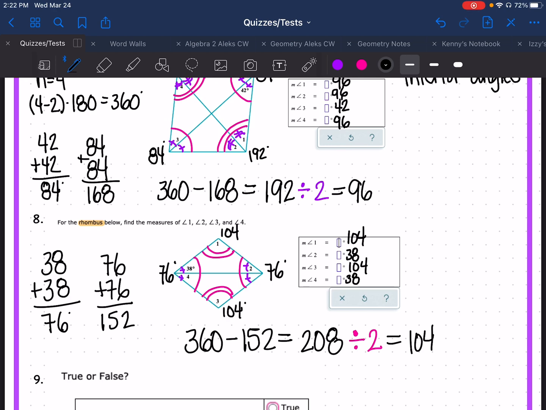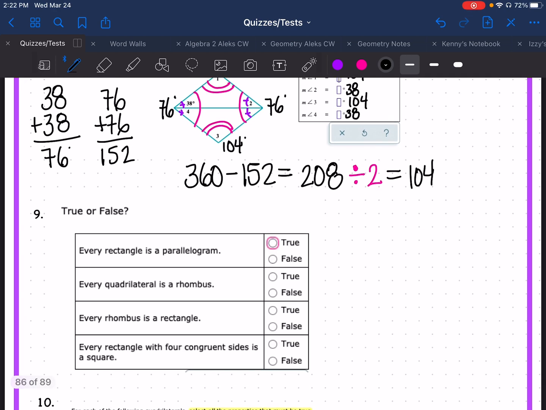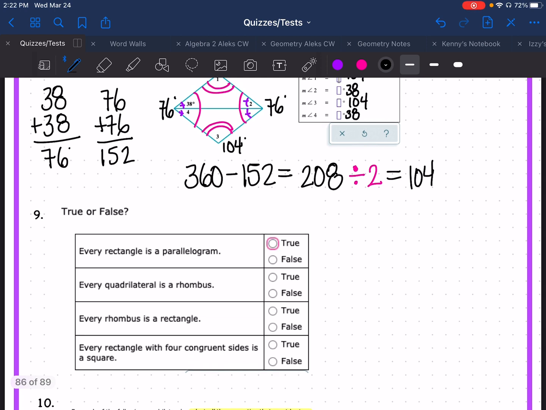All right, my last 2 questions are going to be answering questions about different properties of my quadrilaterals. So question number 9 is going to give you some true or false statements. Be careful when you read a generalized statement that says every blank is a blank. Be careful because it's very generalized.